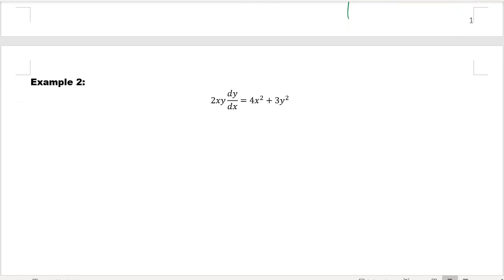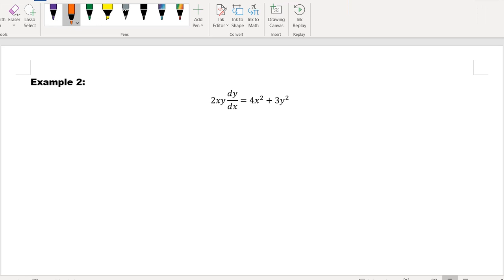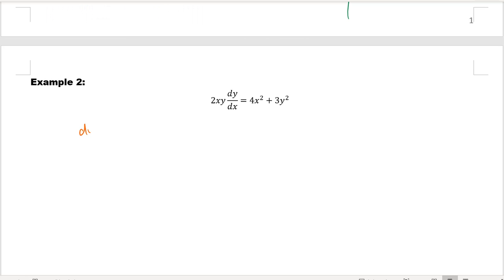Okay, so what do we do? In the first step, we want to solve for dy/dx. So we divide both sides by 2xy. So (4x squared plus 3y squared) over 2xy. And keep in mind, we want to express this in terms of y over x.